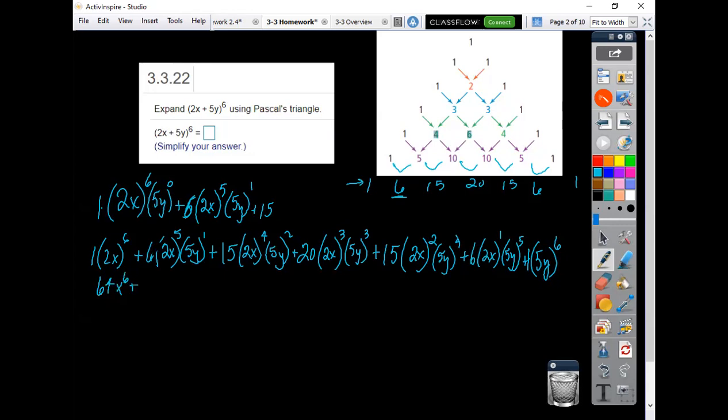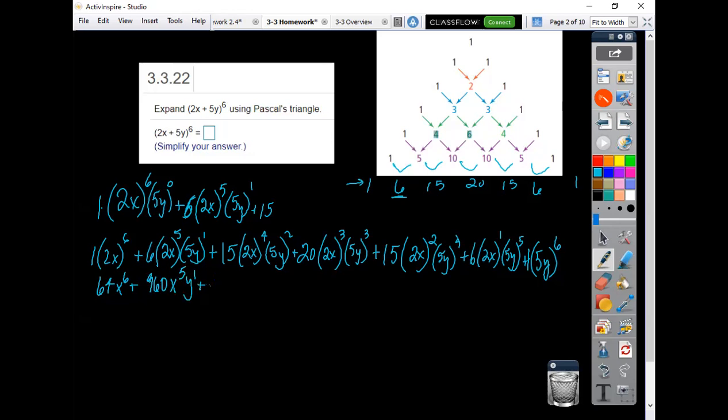Then here you got a 6, a 2 to the 5th, and a 5. 6 times 2 to the 5th, and then times a 5. I guess I could have just multiplied 30 times that 2 to the 5th. That's like 960 x to the 5th, y to the 1st.